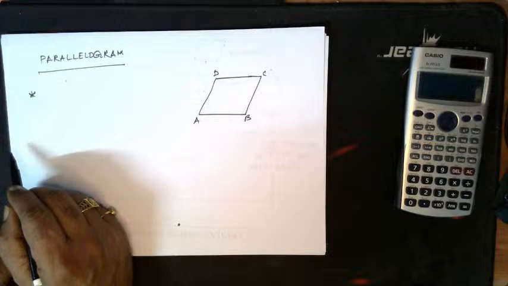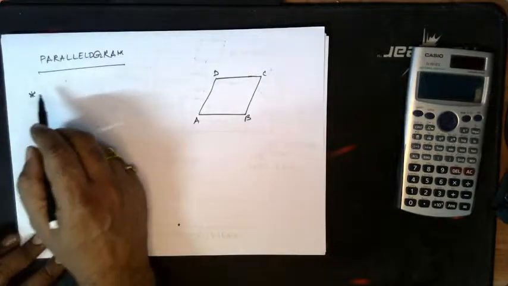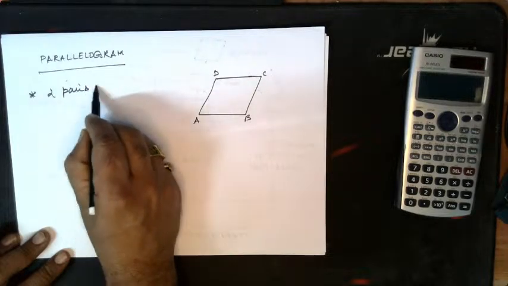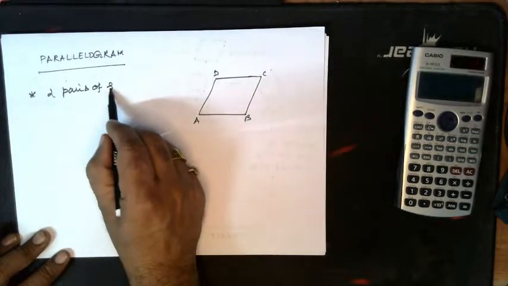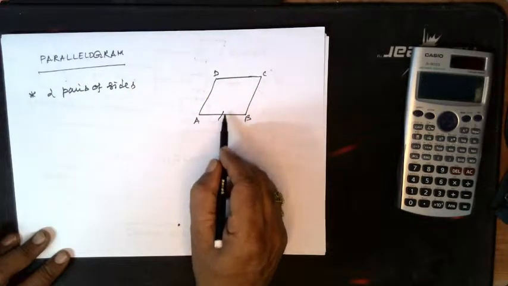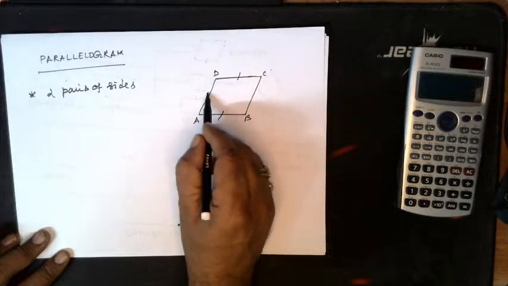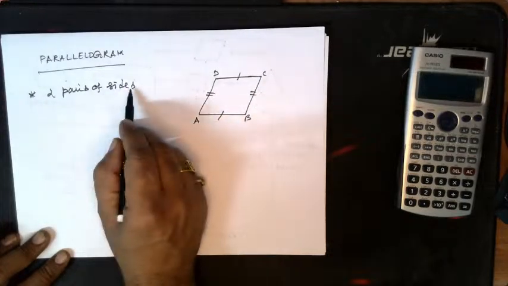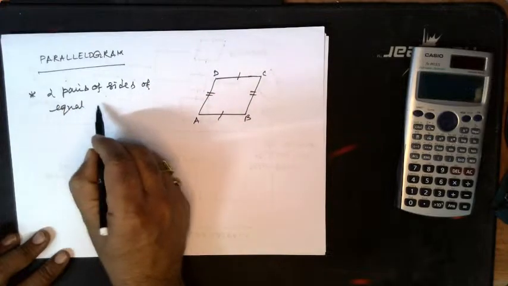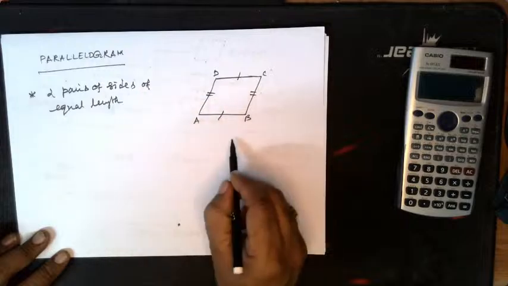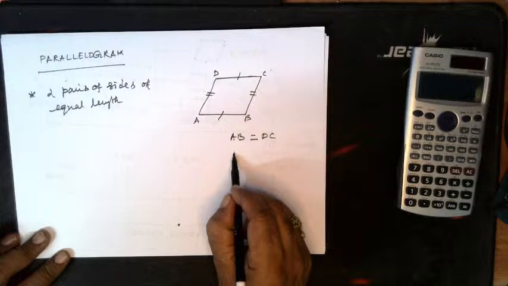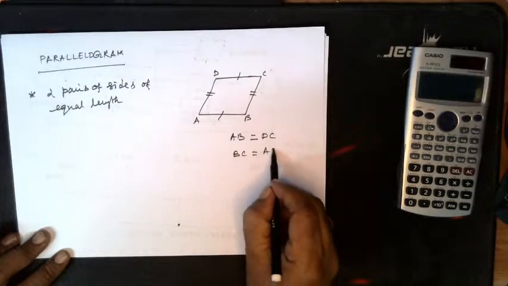Take down: two pairs of sides of equal length. What are those two pairs? This is one pair, another pair. It means AB is equal to DC, BC is equal to AD.